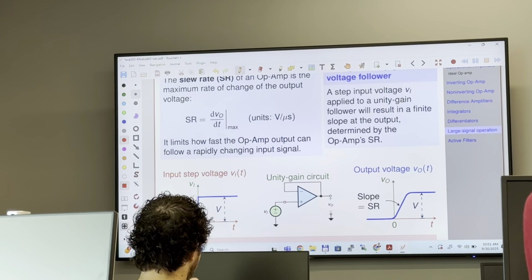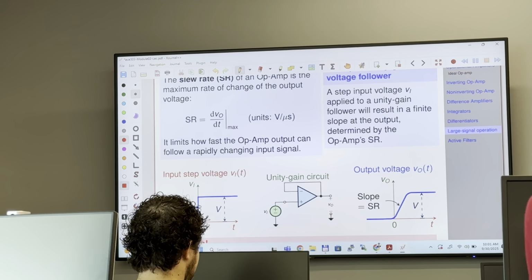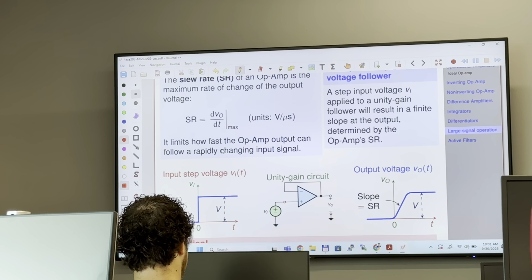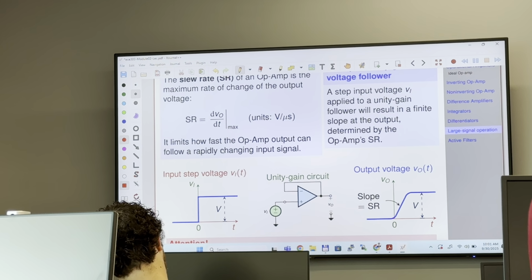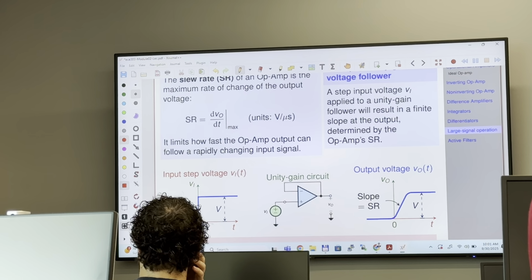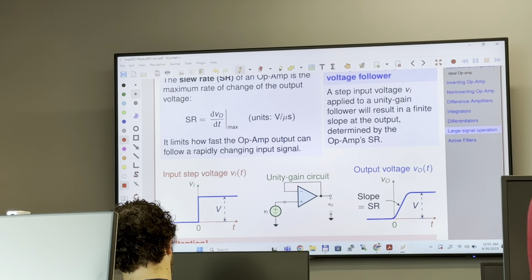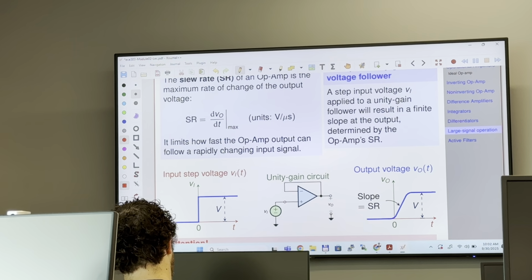If this is unity gain, you are expecting the output just like that. But practically, when you implement this unity gain using an op-amp, you see the output will look like this. Which means output speed is limited. It takes some time.